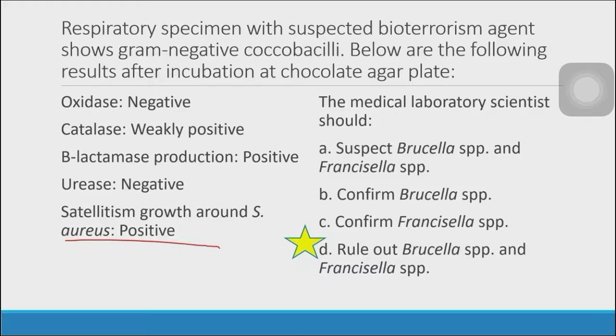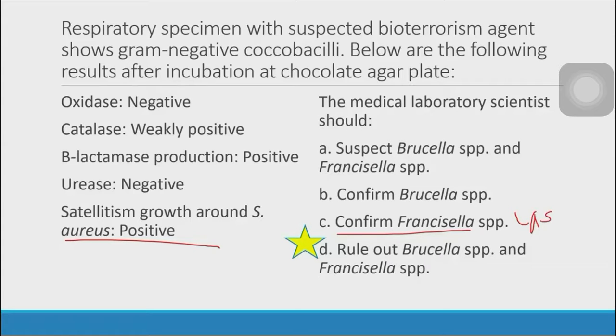Okay, so what if wala naman yung answer na yon? Anong pipiliin mo? Okay, pwedeng possible Francisella, kahit wala na nakalagay na refer to LRN. Okay, last choice na to, itong confirm Francisella. So bakit ito yung last choice?